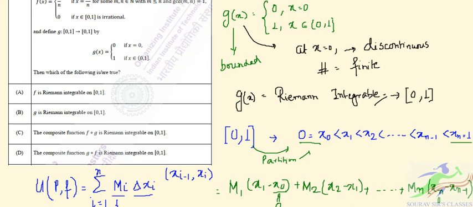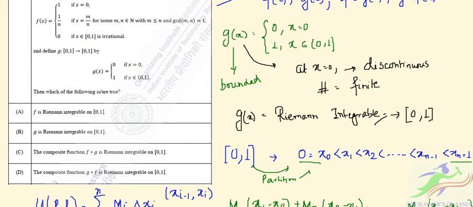Look at the condition for f(x): f(x) is 1 if x equal to 0. Here in the first interval x is not equal to 0, so the supremum will not be 1, and the number is either rational or irrational.